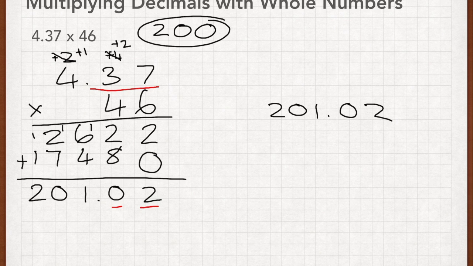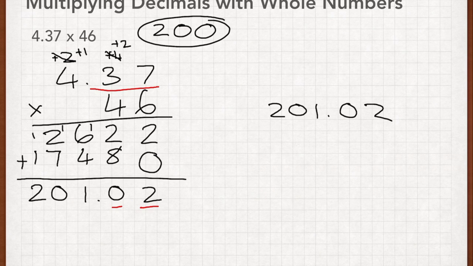If you were to accidentally put your decimal in the wrong place, I'm going to use blue to show you this one. If you were to put your decimal here by accident, and you had 3 decimal places, your answer would be 20.102. And you'd be able to see by your estimate that that is probably very unlikely. It's not very close and therefore probably not the right answer.